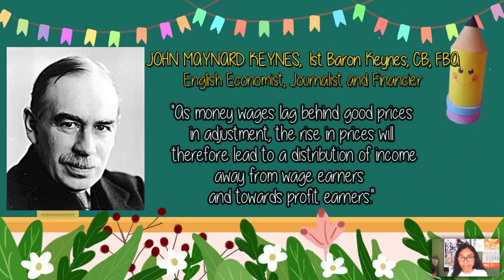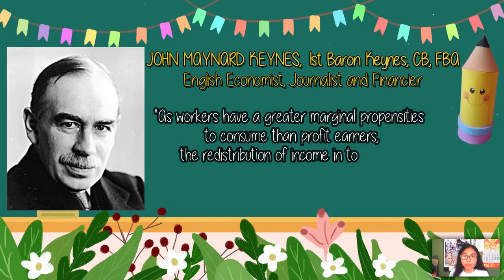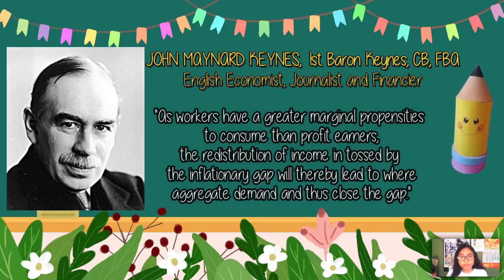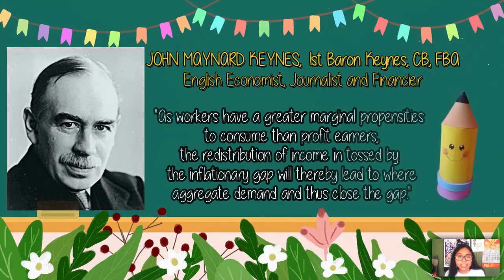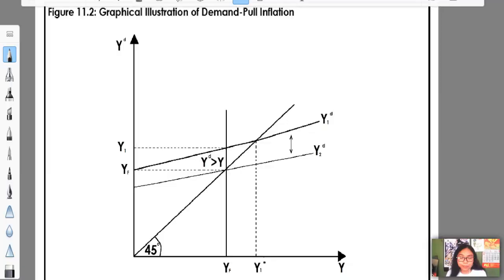He posited that as workers have a greater marginal propensity to consume than profit earners, the redistribution of income fostered by the inflationary gap will thereby lead to a fall in aggregate demand and thus close the gap. For example, the aggregate demand curve flattens and falls in figure 11 from Y sub 1 to Y2D.